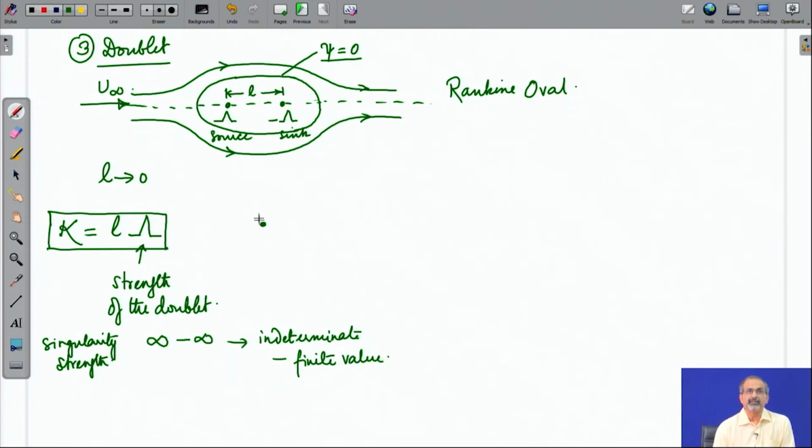Now, let us bring the source and the sink extremely close to each other and see how the flow patterns look. The streamlines would emerge like this, and lobes would be formed.